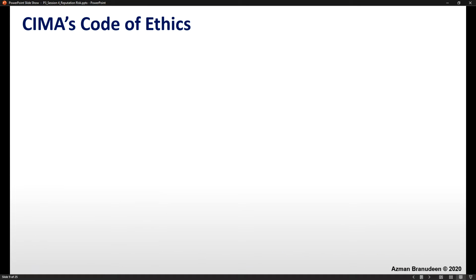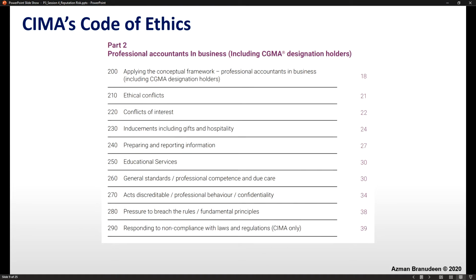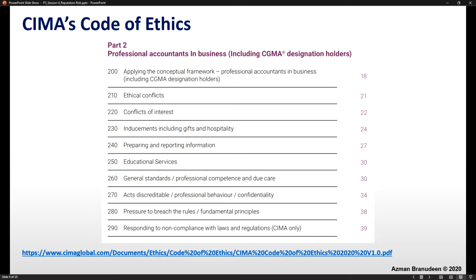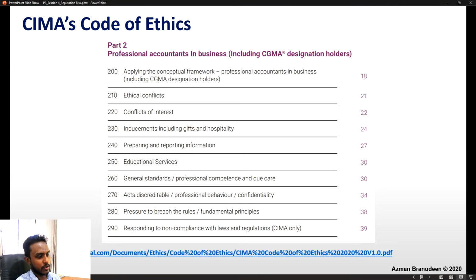However, there are 2 additional parts in the code of ethics. So the second one is for professional accountants in business, including chartered global management accountant designation holders. That is when the AICPA partnered with CIMA.